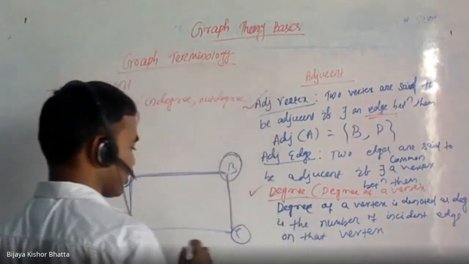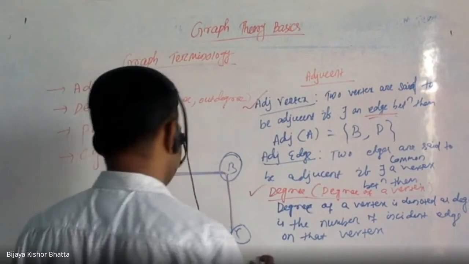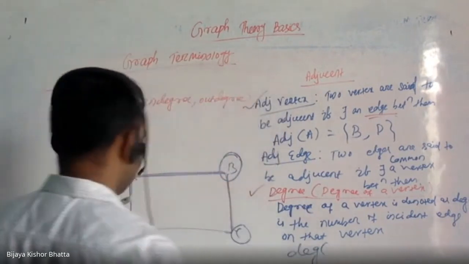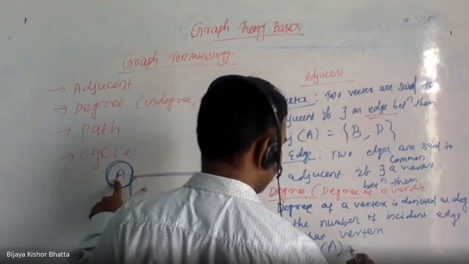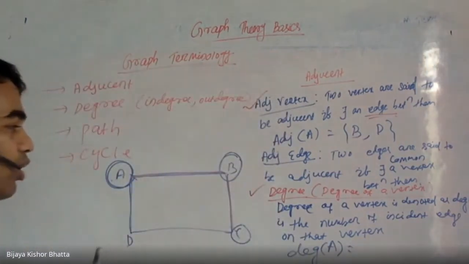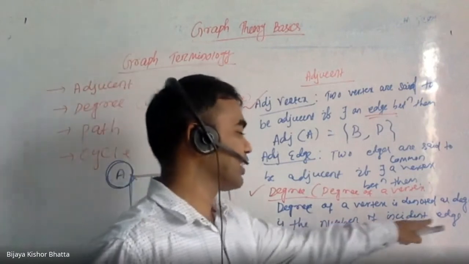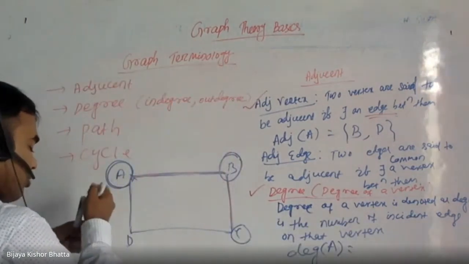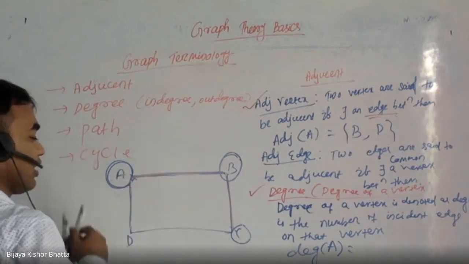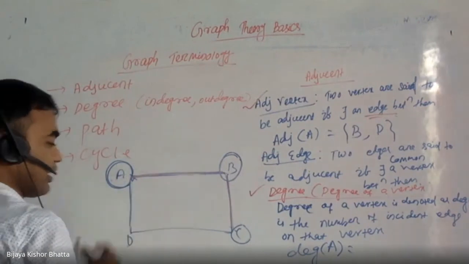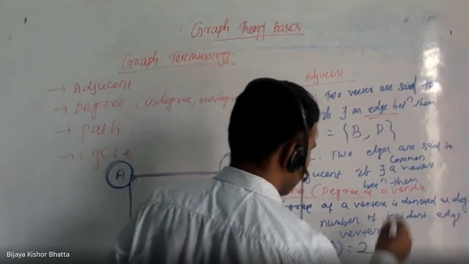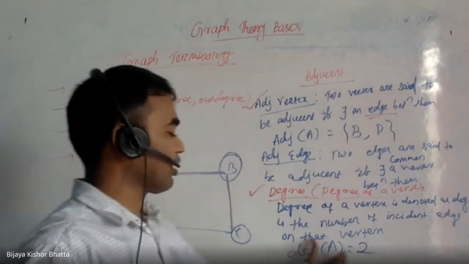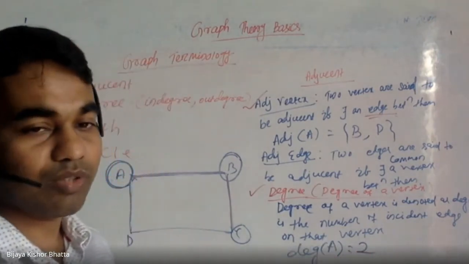Suppose I ask what is the degree of vertex A. That means how many edges are incident on that vertex? So this and this, so the degree of this vertex is 2. That is the degree of the vertex.